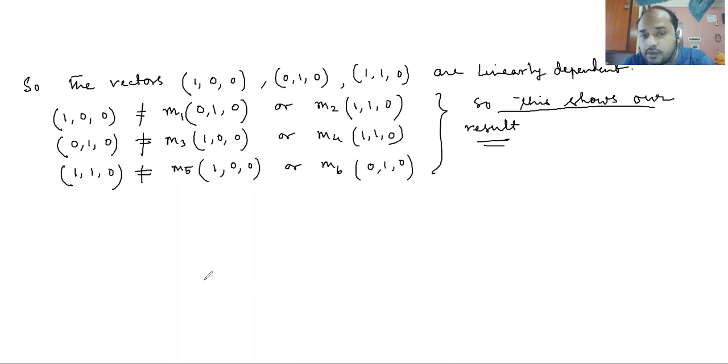These 3 vectors cannot be expressed individually as multiples of another vector, but we can consider one vector as a linear combination of the other 2 vectors. We can express 1 0 0 as a linear combination, say I can write it as m1 times 0 1 0 plus m2 times 1 1 0, for some values of m1 and m2, but I cannot write it as a multiple individually.